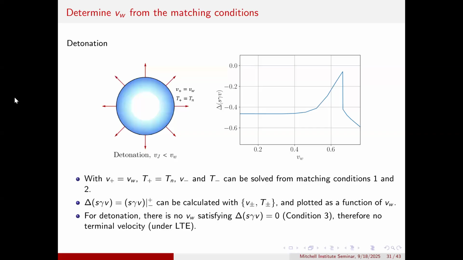But if we plot delta S as a function of VW for detonation bubbles, we find that it never reaches zero. It's always below zero. So we know there's no terminal velocity for detonation. It will keep accelerating.